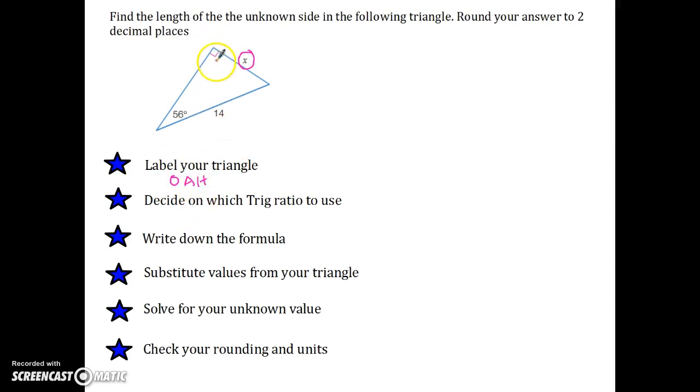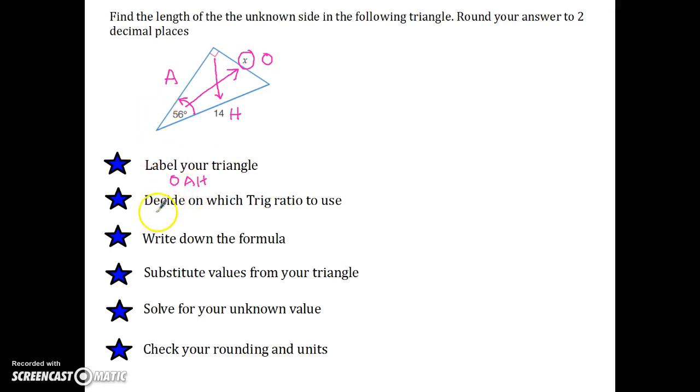So hypotenuse is the easy one. That's always the longest side, and it's always opposite this right angle here. So the right angle points to the hypotenuse. Here's our reference angle, 56 degrees.